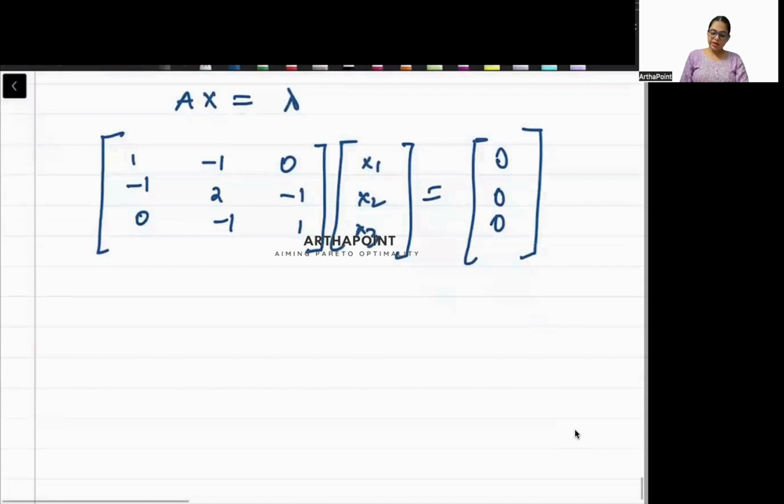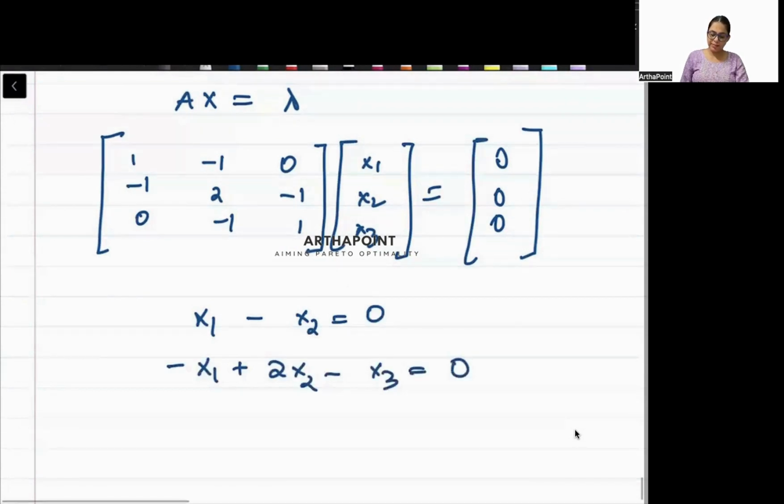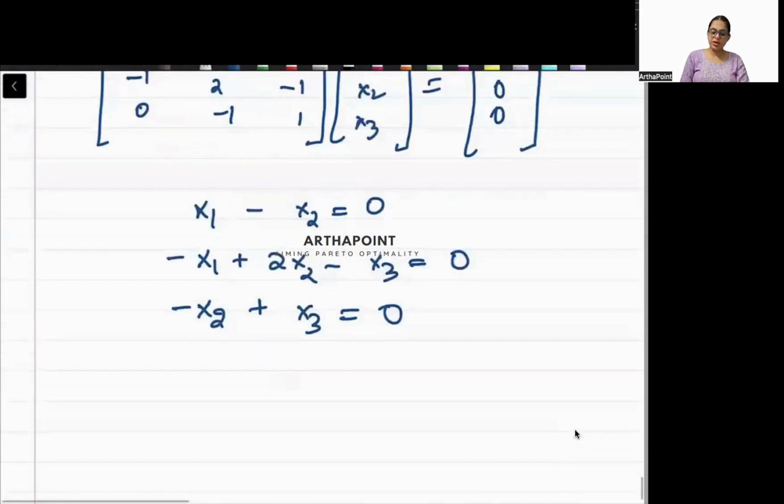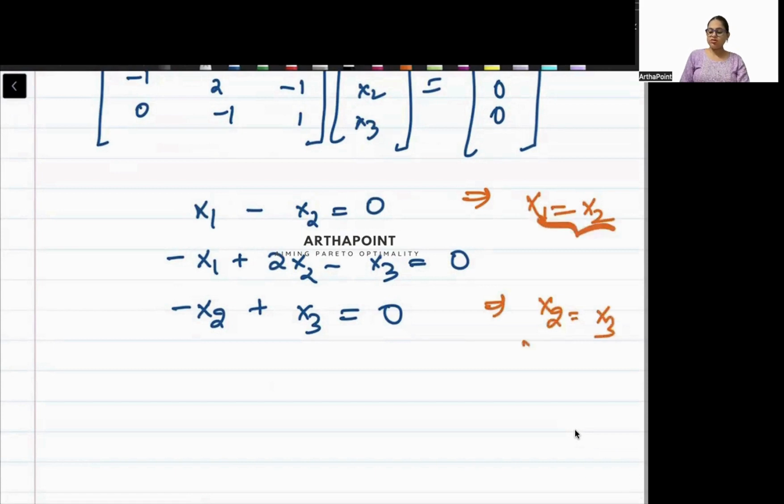So I get x1 minus x2 is equal to 0, minus x1 plus 2 x2 minus x3 is equal to 0, and minus x2 plus x3 is equal to 0. Now from the first equation I get x1 is equal to x2, and from the last equation I get x2 is equal to x3. And if all three values are equal, the middle equation is automatically satisfied.